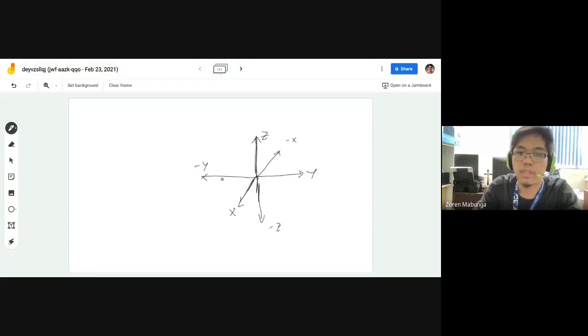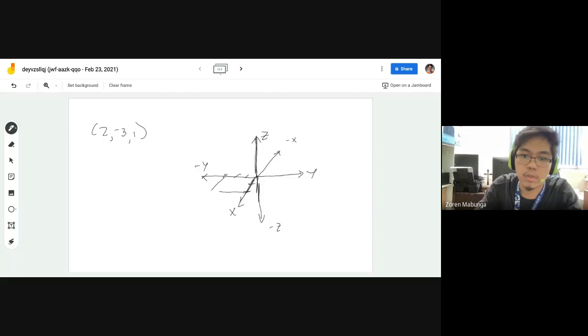negative y. So if halimbawa given sa atin na points is yung kanina 2, negative 3, and 1. So paano mo yan i-plot? So i-plot mo muna yung 2. So bilang ka dito 1, 2. And then negative 3. So dito yung sa kabilang side. So 1, 2, 3. And then project mo sila.